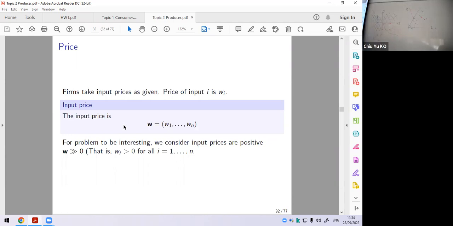And here I take the input price as given. This is a good approximation, but as you can see, some recent studies show that this may not really hold, especially when firms have monopoly power in the input market.